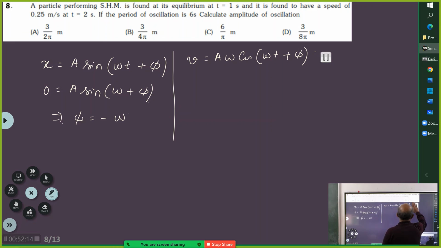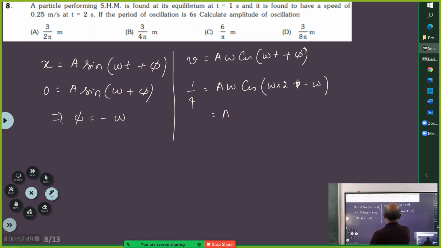So in general this will be 1 by 4 equals A omega cos of omega t plus phi, with t equal to 2 seconds and phi equal to minus omega. So A omega cos of 2 omega minus omega is A omega cos of omega.